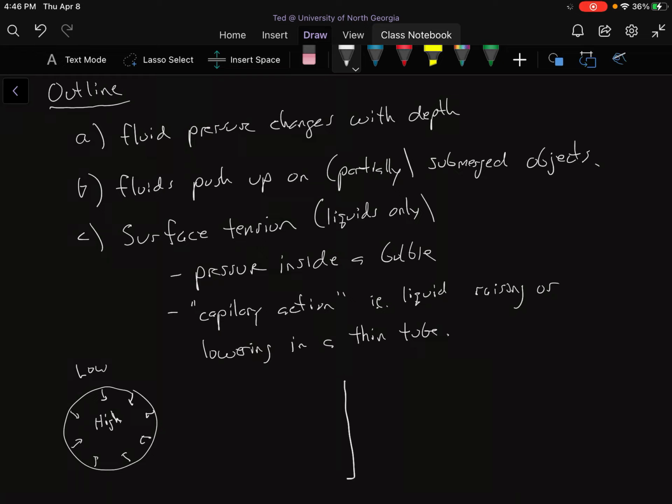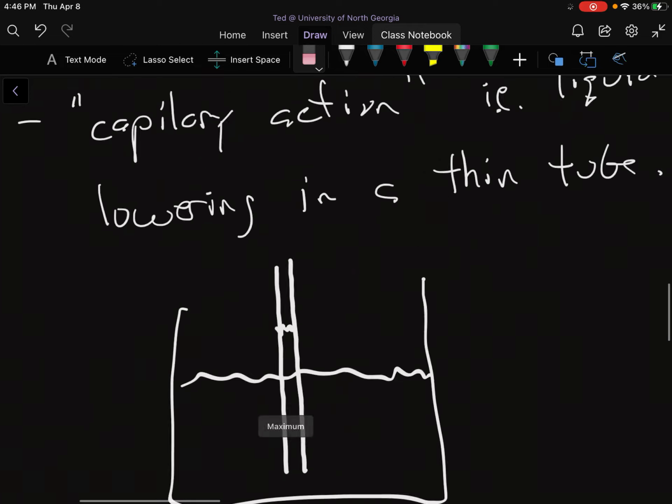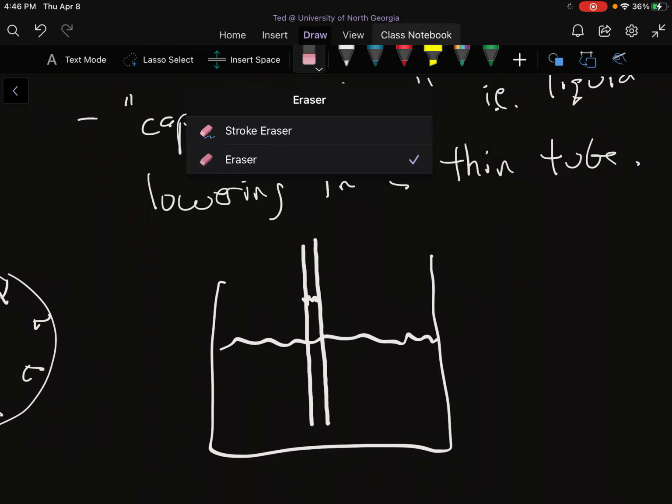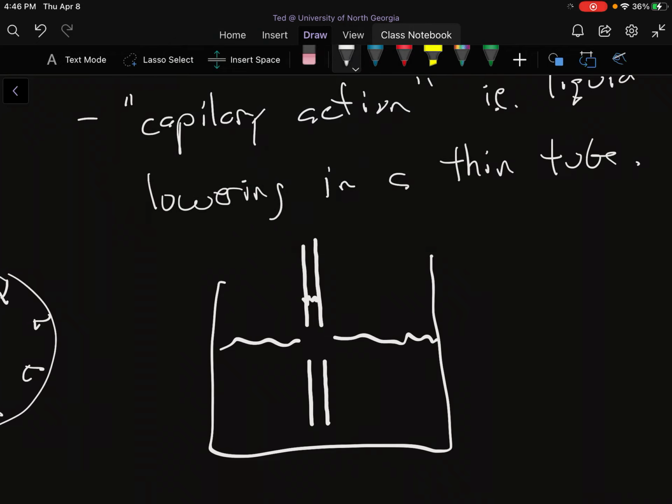The other interesting thing that we're going to look at is that if you have a bucket full of water or alcohol or any other fluid, and you stick a very skinny tube into it, what's going to happen is the water level in the tube is either going to go up or possibly go down based on the surface tension of the fluid.